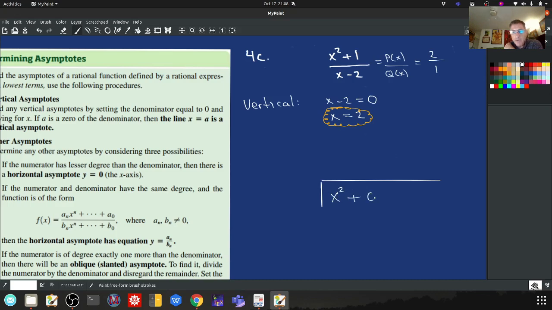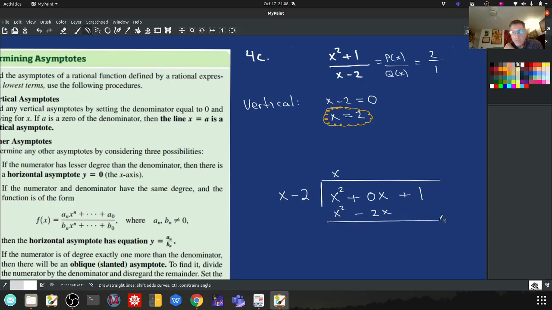And remember, I have to put a 0x term in there because I have to have a degree 2, a degree 1, and a degree 0. And I'm dividing it by x minus 2. Well, x squared divided by x is x. So x times x minus 2 is x squared minus 2x.